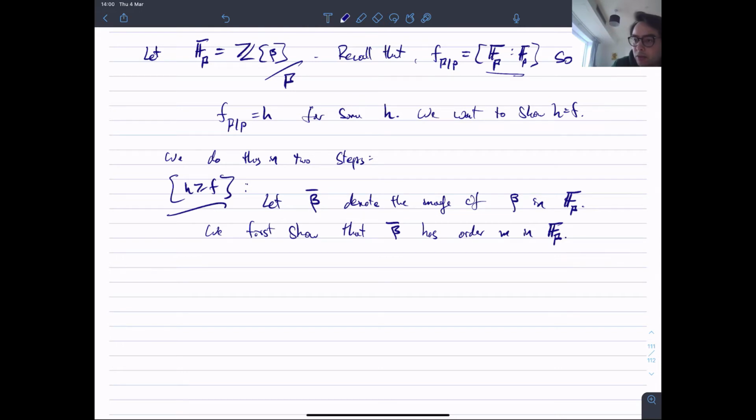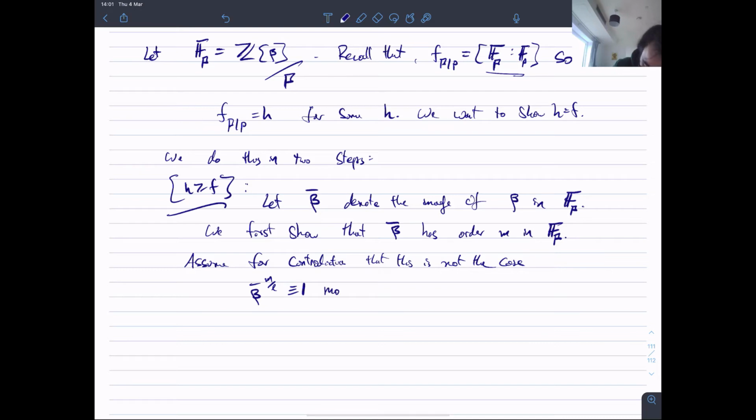So multiplicative order. Assuming this is not the case, then if this isn't the order, beta bar to the m over L is congruent to 1 mod my prime ideal.